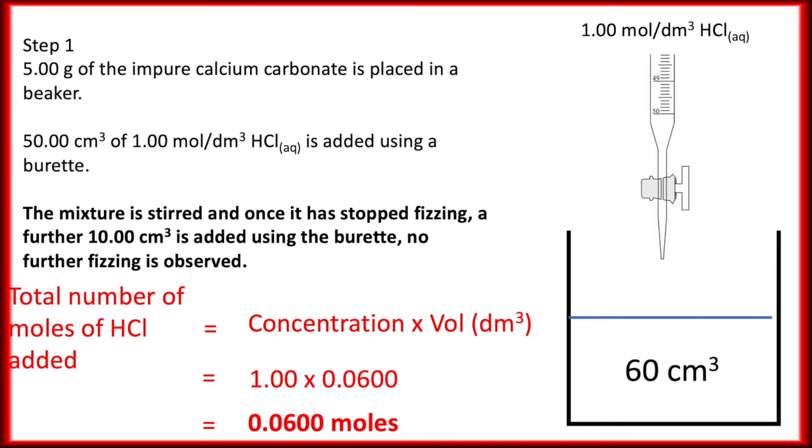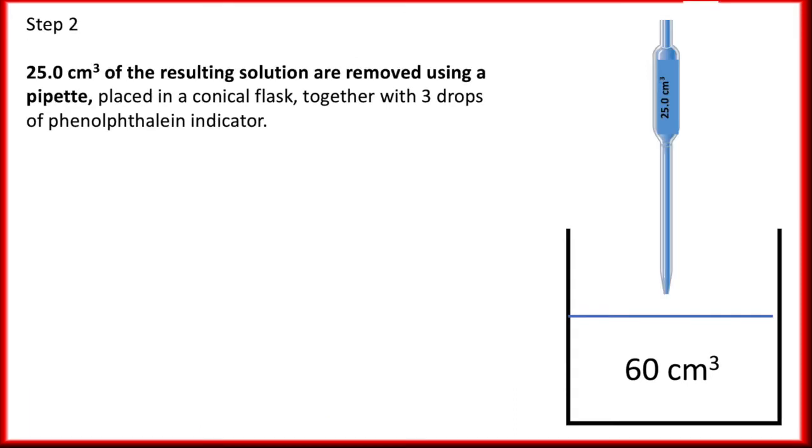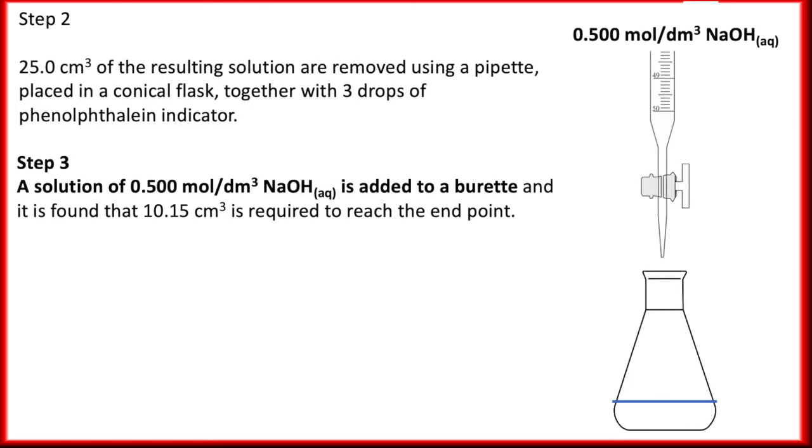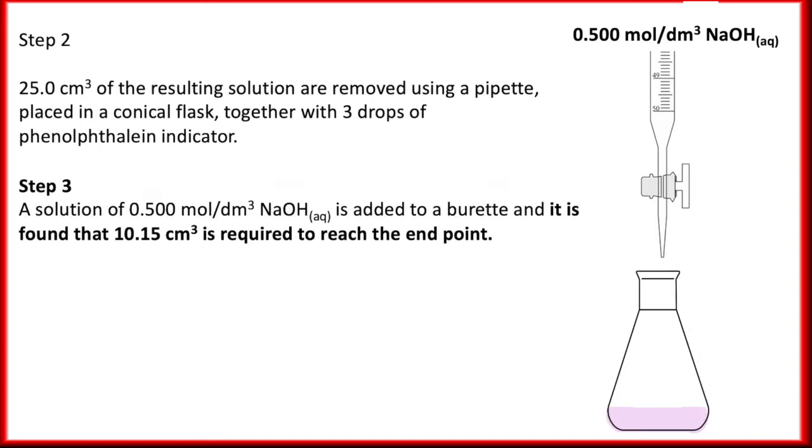and therefore total moles of HCl added at this stage is 0.06. So in step 2, we're going to take 25.0 centimeters cubed of that solution, remove it using a pipette. We're then going to place that in a conical flask and add 3 drops of our phenolphthalein indicator. And finally, we're going to use a solution of 0.500 moles per decimeter cubed sodium hydroxide, which will be added to the burette, and we find that we require 10.15 centimeters cubed of sodium hydroxide to reach the endpoint.